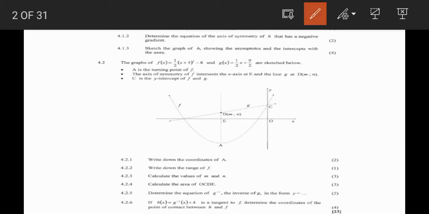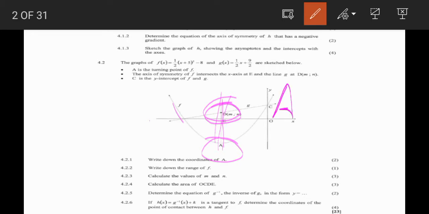So D is the point of intersection between the axis of symmetry of f and the straight line g. Since this is an intersection, we can conclude that the x coordinate of A, which is our turning point, is also the same x coordinate for D. You can see that they're in line there.